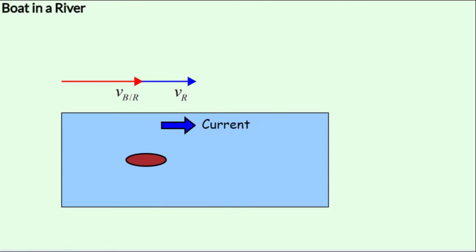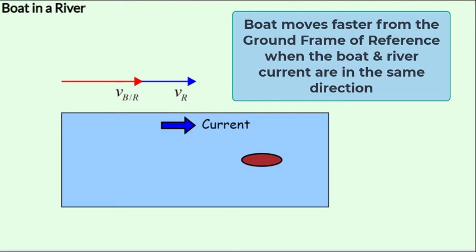And as you can see, the boat moves faster than earlier, since the river current is aiding the movement of the boat towards the right. So it is also contributing towards the movement of the boat, and as a result, the boat moves faster.